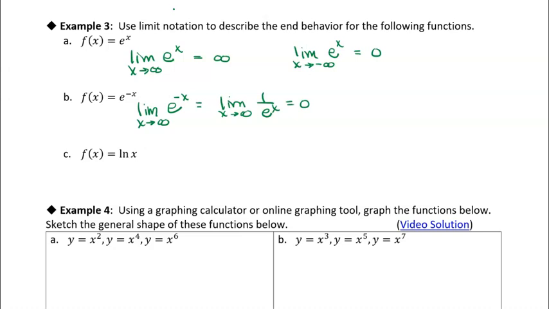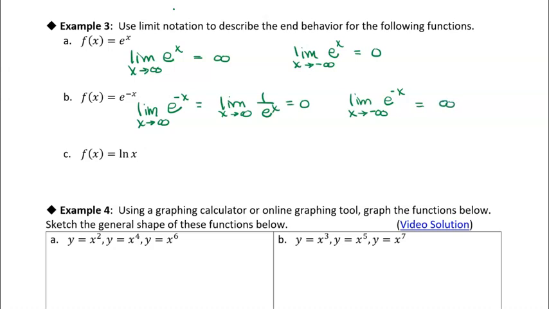So now the other end, what happens as x approaches negative infinity? Again, it's just a reflection of the e to the x function. So as x goes to negative infinity, we're putting in negative numbers for x, so we get e to larger and larger numbers, so it's just going to be infinity.